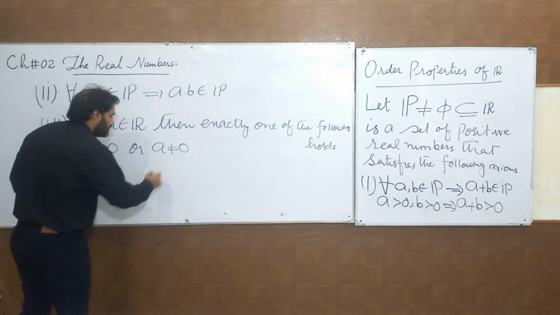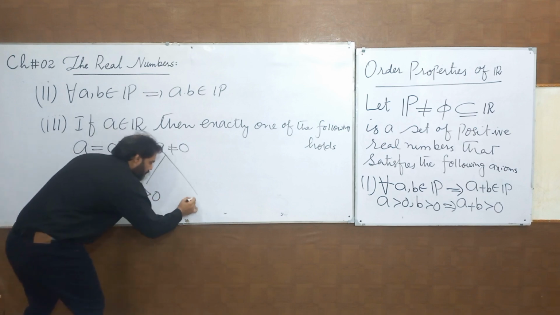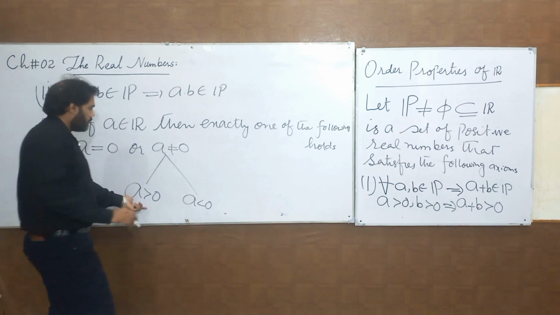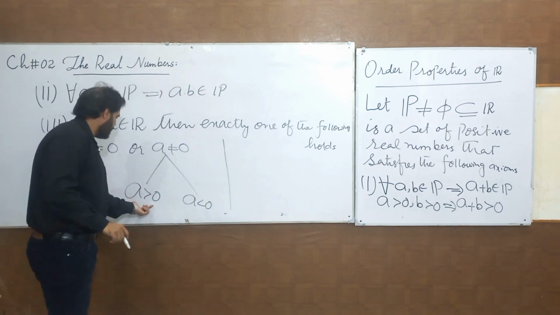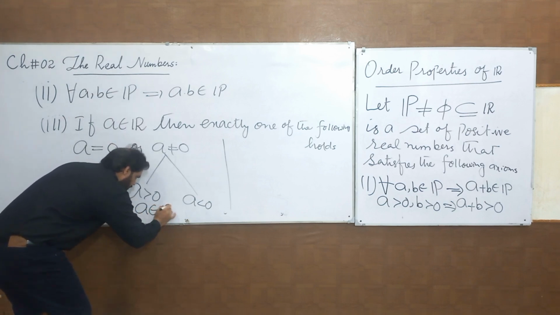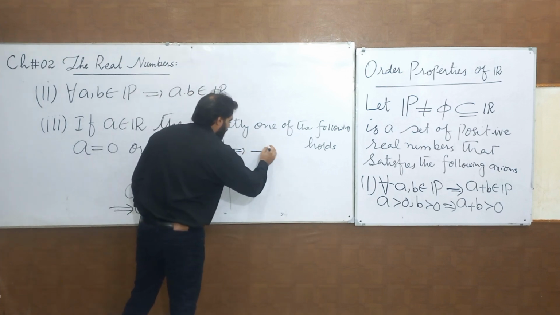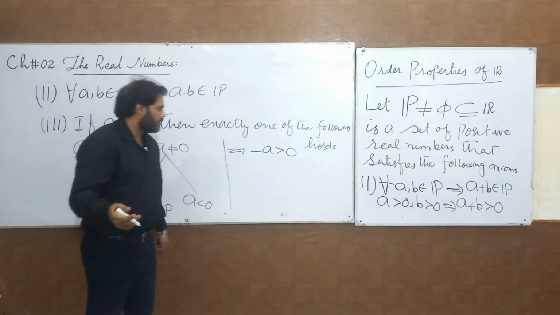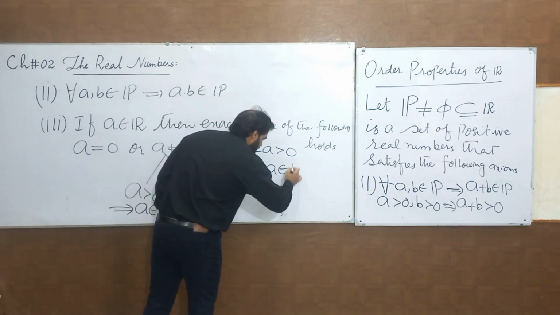If A is non-zero, this shows A is greater than 0 or A is less than 0. So, we can express this property in the set P as: if A is greater than 0, this shows that A is an element of P. But if A is less than 0, it means minus A is greater than 0. In case when A is negative, then minus A is clearly positive. This shows minus A is an element of P.